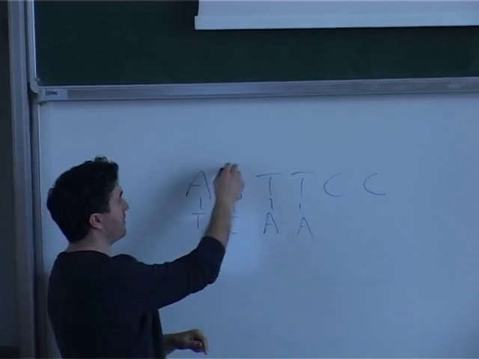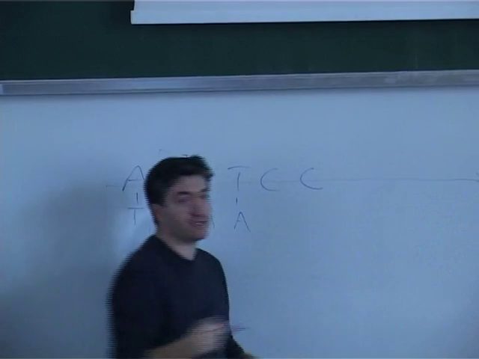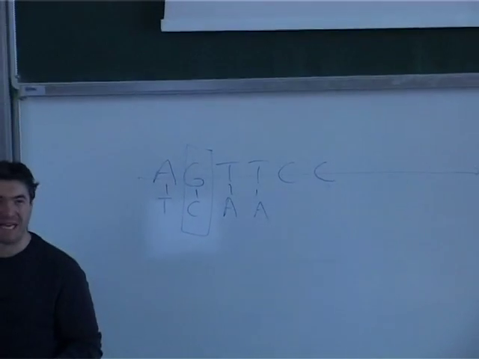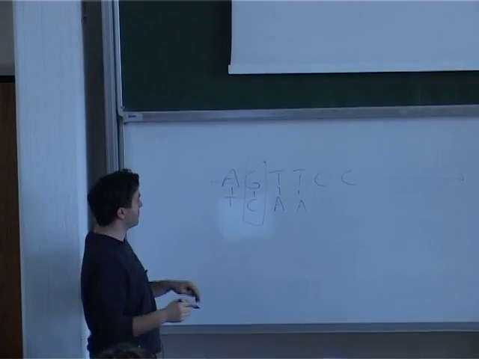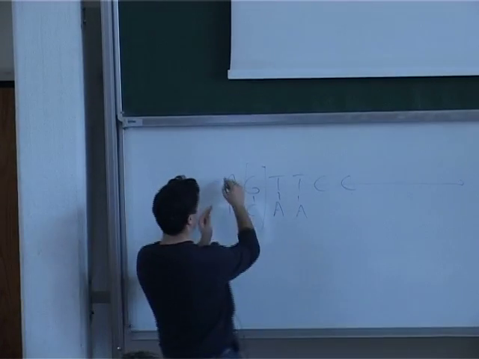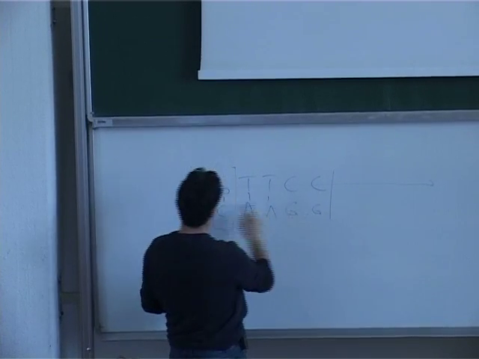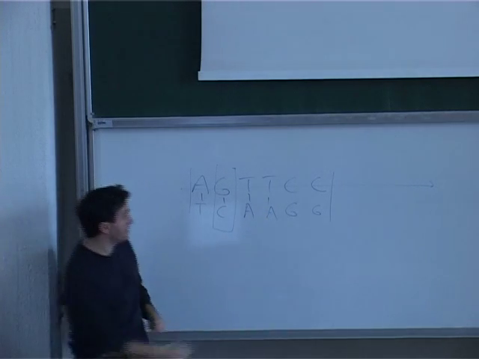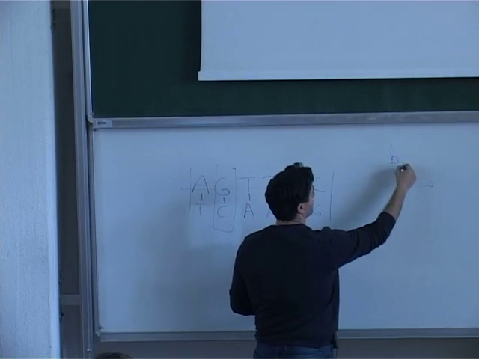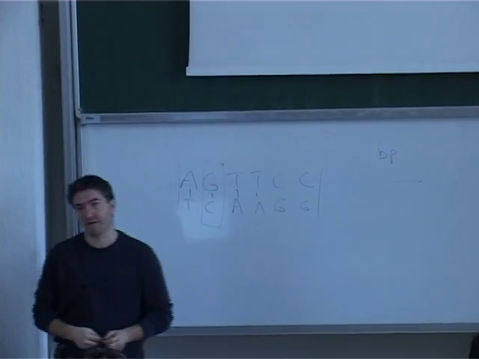A is complemented with T, G is complemented with C. Therefore, when we talk about the length of the DNA sequence, we usually use the term base pairs. How many base pairs are there? For example, in this short sequence, I have 6 base pairs: 1, 2, 3, 4, 5, 6. BP is the acronym for base pairs.